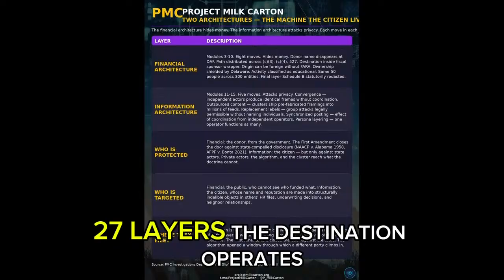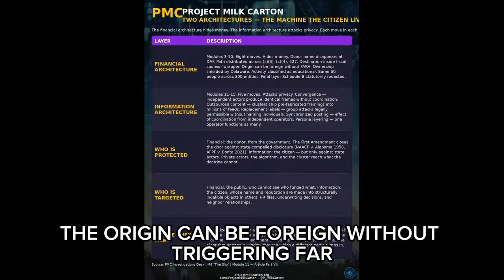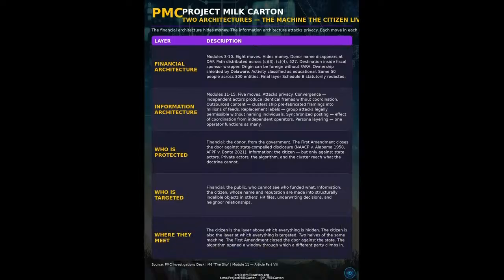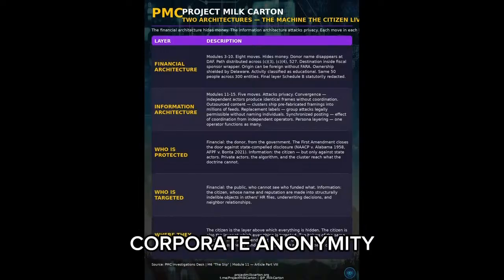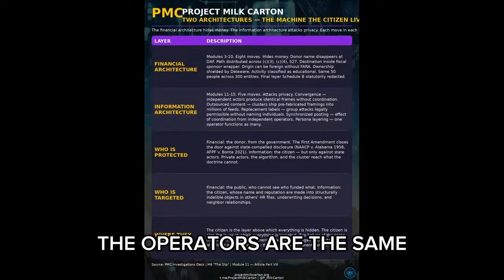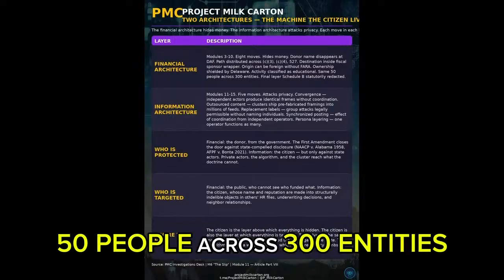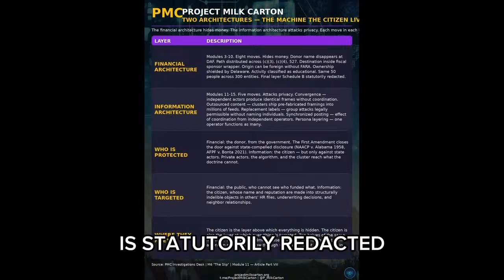The destination operates inside a fiscal sponsor's wrapper. The origin can be foreign without triggering FARA. The ultimate ownership is shielded by Delaware corporate anonymity. The activity is classified as educational. The operators are the same 50 people across 300 entities. The final layer, Schedule B, is statutorily redacted.